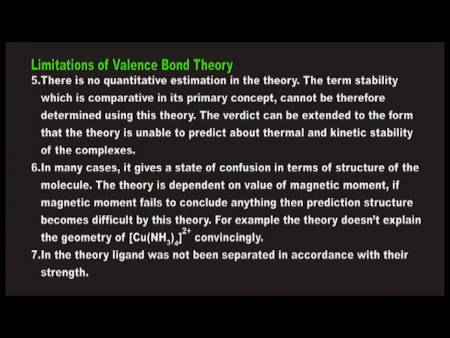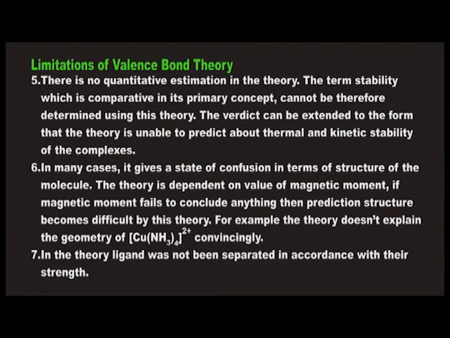The term stability, which is comparative in this primary concept, cannot be determined using this theory. The verdict can be extended to say that the theory is unable to predict thermal and kinetic stability of the complexes. In many cases, it gives a state of confusion in terms of structure of the molecule.